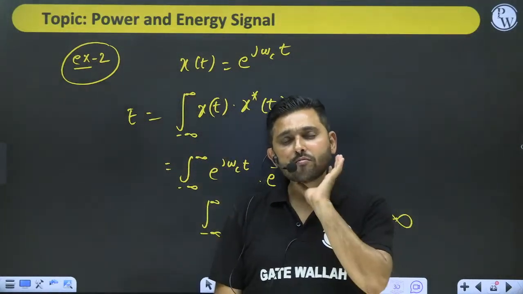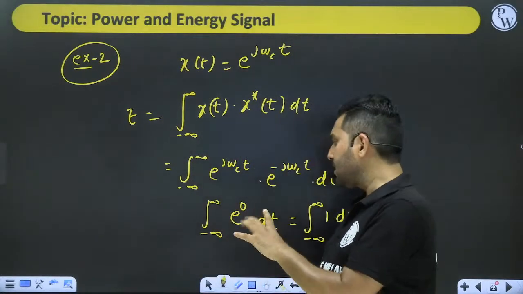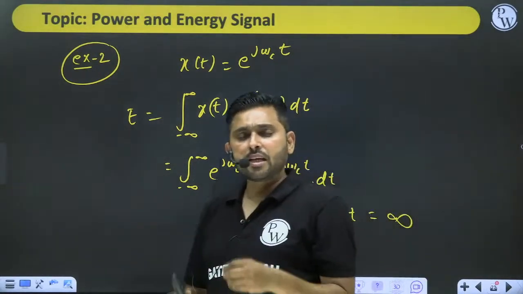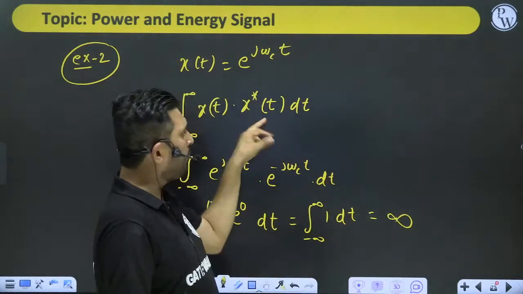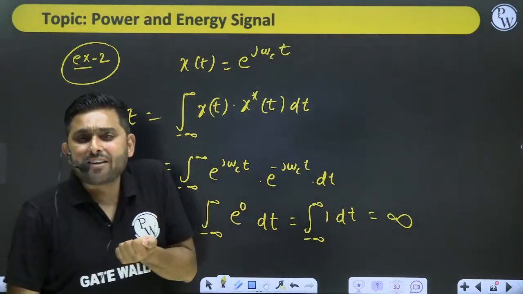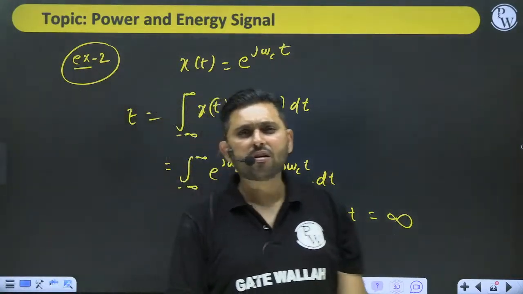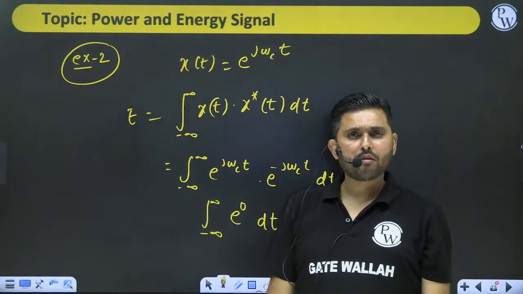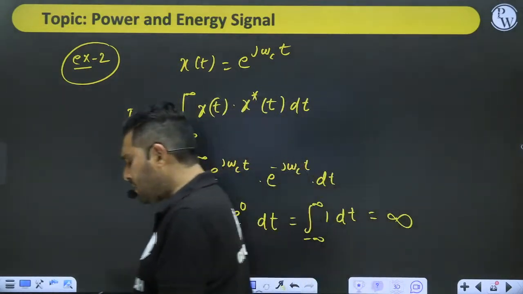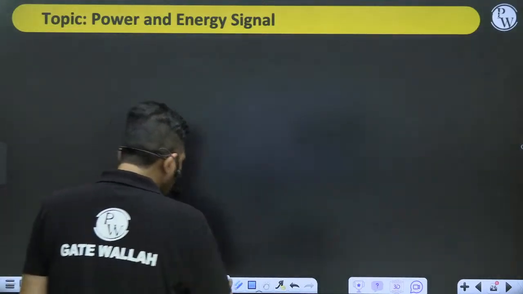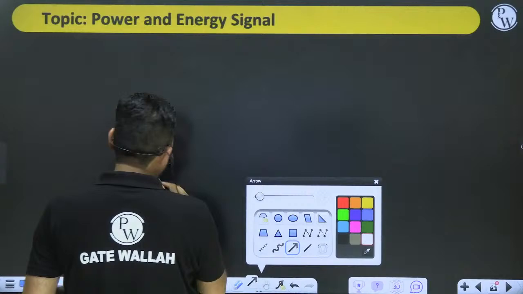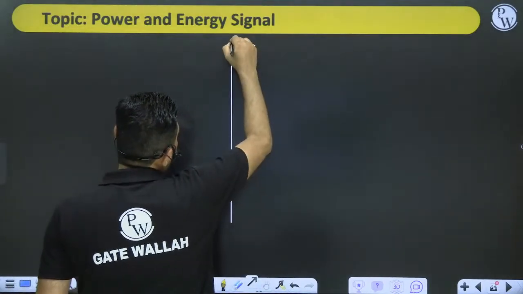This means that for these kinds of signals, this representation for finding the net energy is not suitable. So let us consider how to handle the energy concept for these kinds of signals.